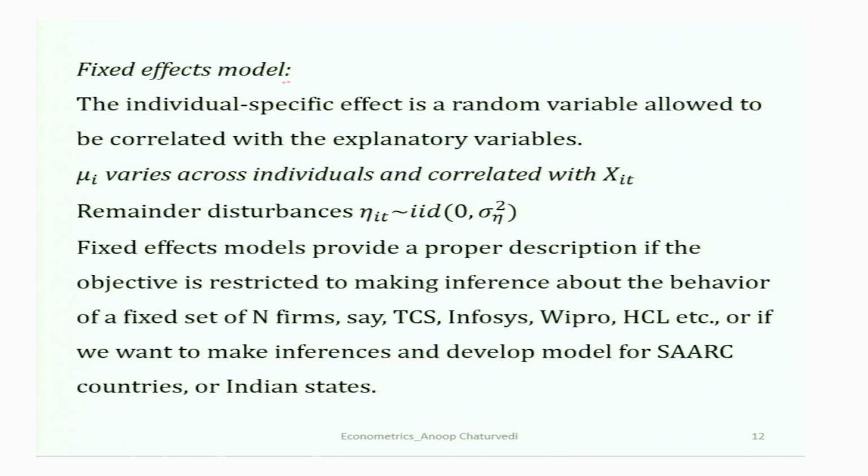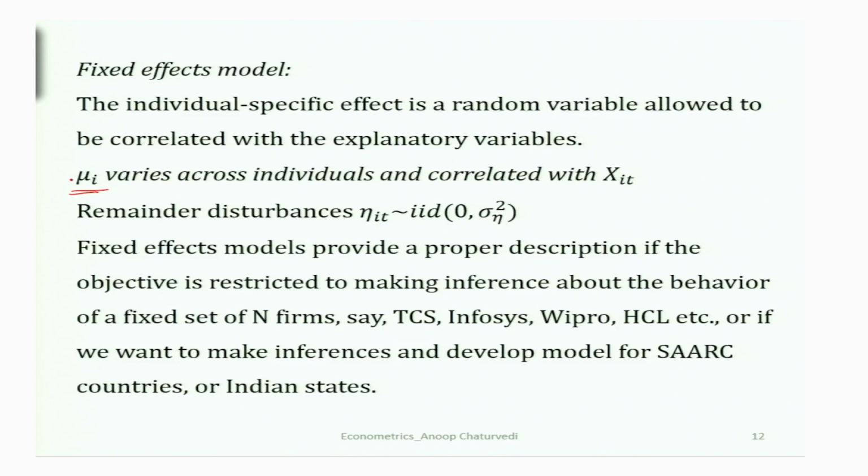Now, first we consider the fixed effects model. The individual specific effect is a random variable allowed to be correlated with explanatory variables. Suppose you have this individual specific effect mu_i, then mu_i varies across individuals.